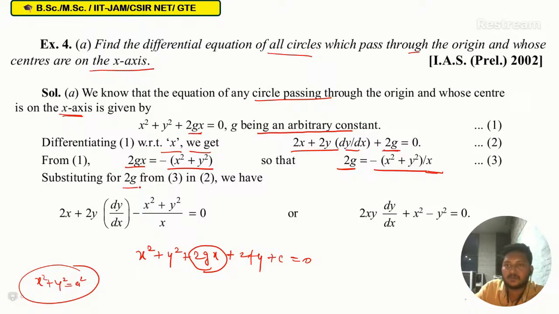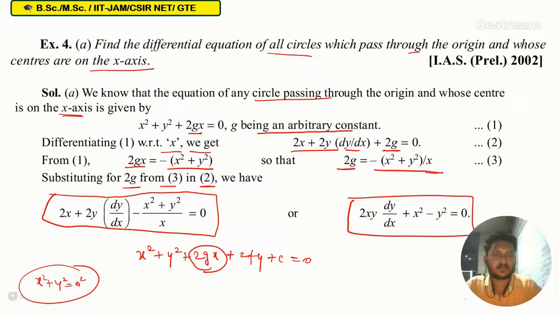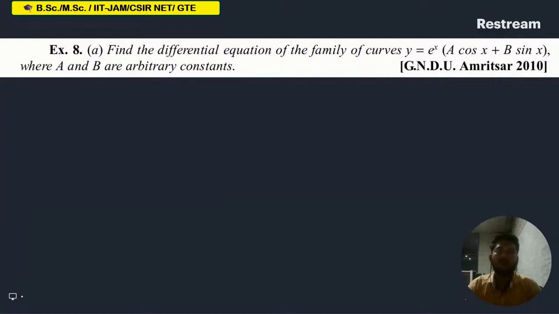Substitute for 2g, and when you solve this, you find 2xy dy upon dx plus x square minus y square equal to 0.